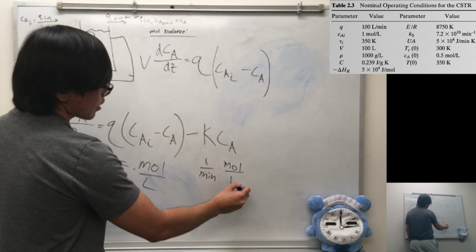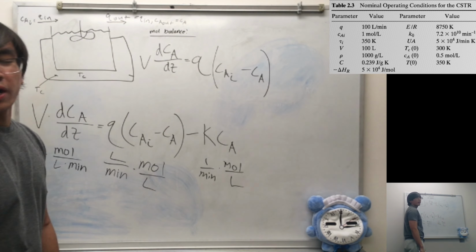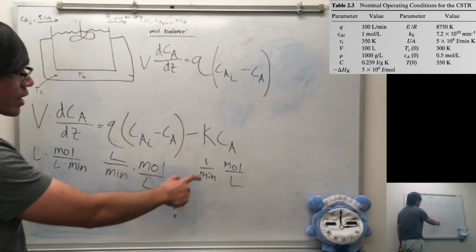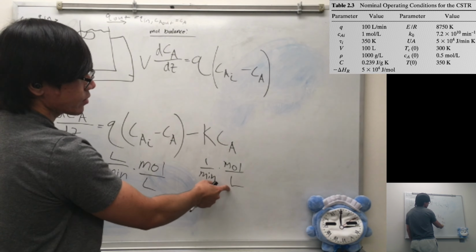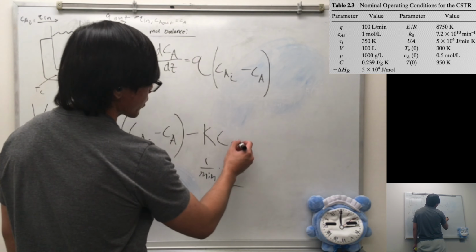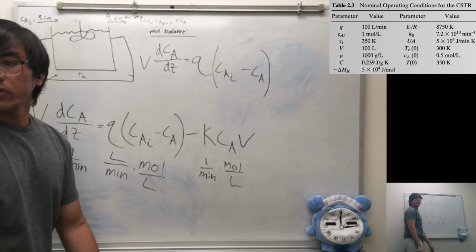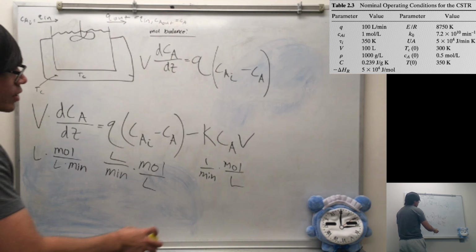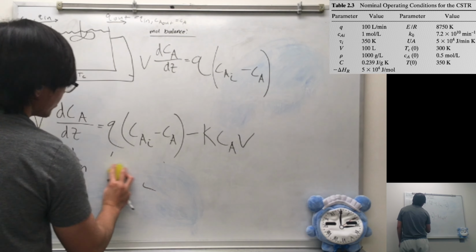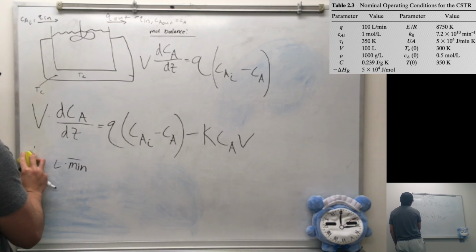You'll notice that we are missing a unit removal here. We need to get moles per minute, and the only way to do that is to multiply by our volume. So we're going to multiply by volume just like that. Okay, so this is our molar balance here.